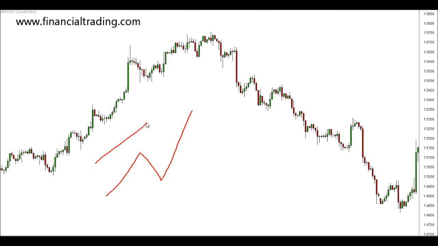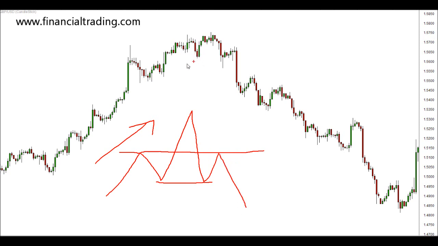So far we just look like a typical uptrend. The first characteristic of this head and shoulders is this pullback down to a similar level as the previous pullback. We then have this minor push, which is generally a similar level to this push here, and then we fall on the downside.